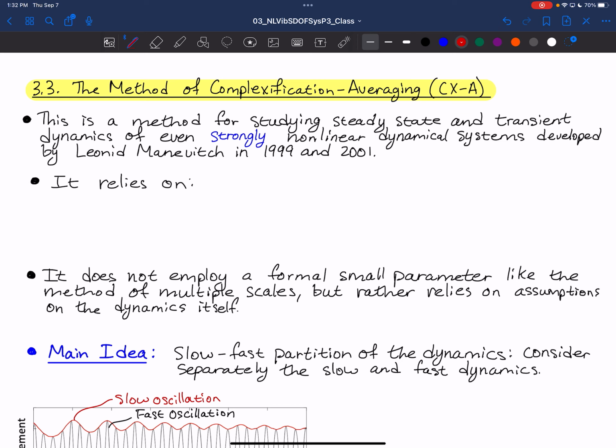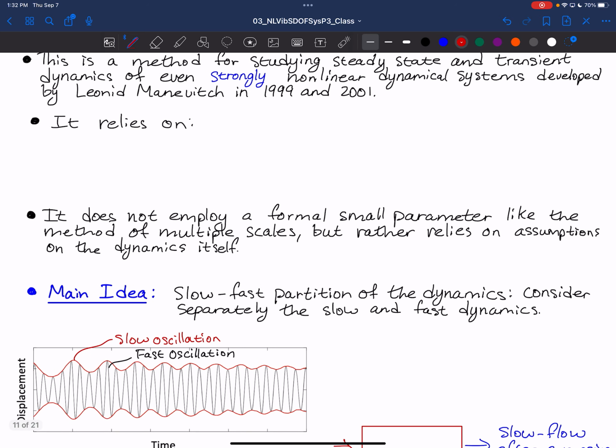All right, before we get to that, first, this method relies on three things. First, it relies on the complexification of the analysis. Second, it relies on a slow, fast partition of the dynamics.